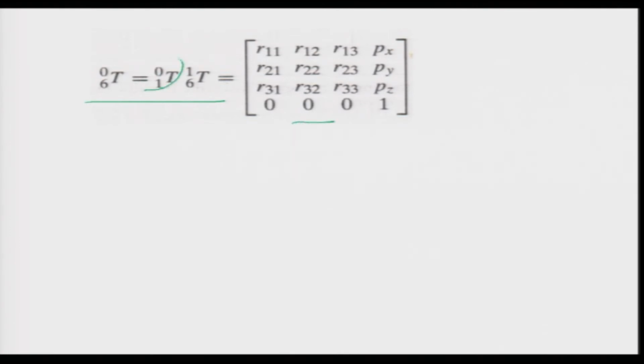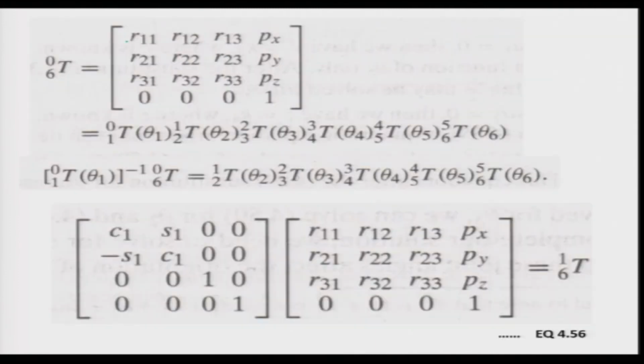If I want to remove this, I can take the inverse and take it that side, and that is essentially what we try to do. We take the T 0 to 6 matrix and multiply it with the inverse of T 0 to 1, this is the inverse matrix. What it essentially does is remove the first variable, and on the right hand side we have T 1 to 6.